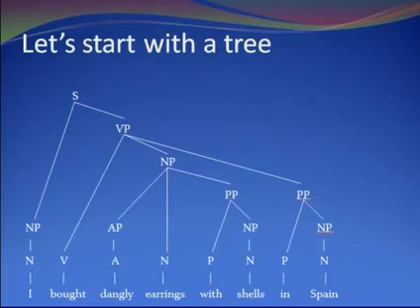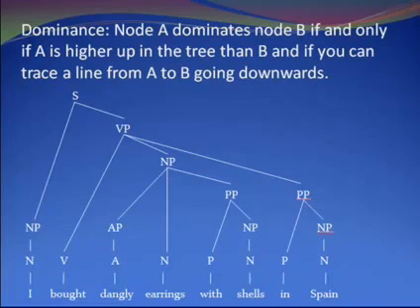Okay, now the first relation we're going to look at is the relation of dominance. Dominance says that node A dominates node B if and only if A is higher up in the tree than B, and if you can trace a line from A to B going downwards.